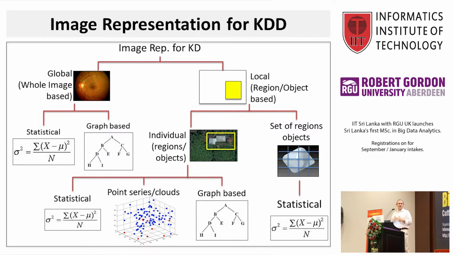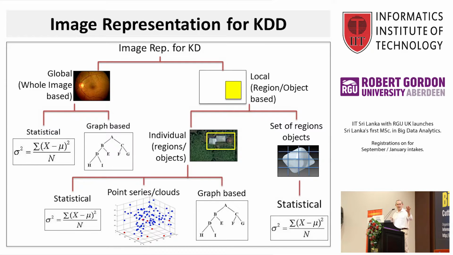Looking at the left-hand side, you do this statistically. We can extract statistics from the image, and I'll talk a bit more about these techniques. Or we can represent the image as a graph. Over on the right-hand side, we've got more techniques available to us. We can look at individual segments, or we can look at multiple segments.